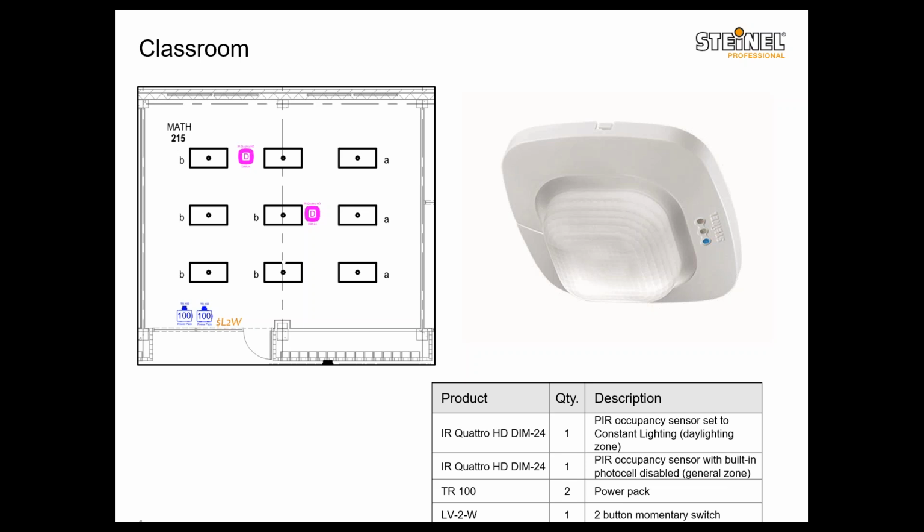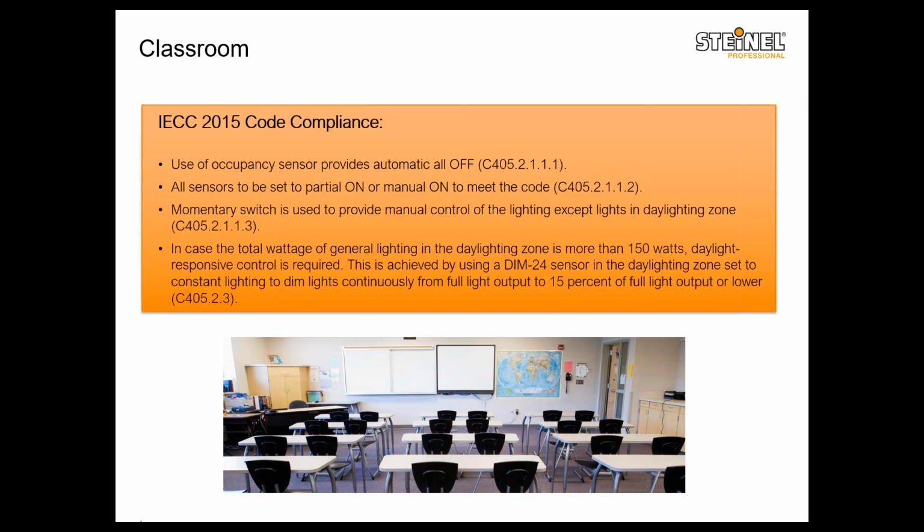Now, the main reason for a classroom we go with a PIR sensor, IR Quattro HD, is the problems you will face in a typical classroom when using dual tech sensors. If I just go back here, you can see there is a map on the wall, and there might be some artworks hanging from the ceiling or on the wall, some of the stuff that kids make, especially in the lower grades.